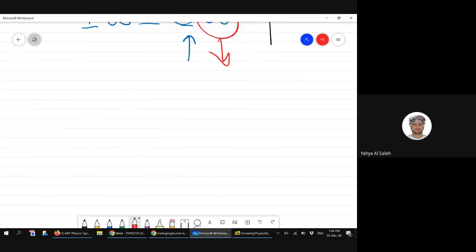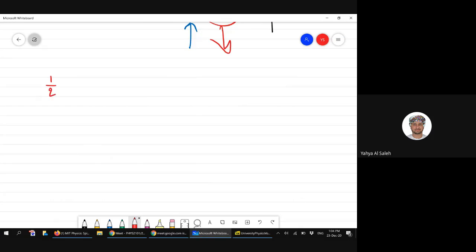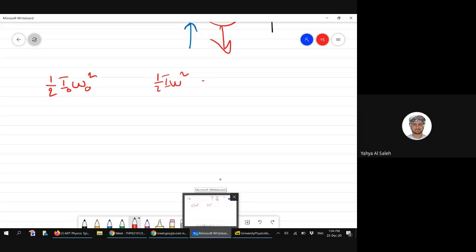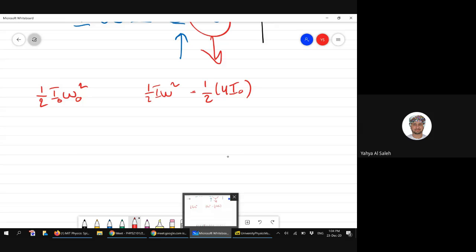Initially I had half I omega squared, this was I naught, this was omega naught. Finally, it is still half I omega squared, but my I is now actually 4 I naught, and my omega is actually a quarter of the initial omega, like this.